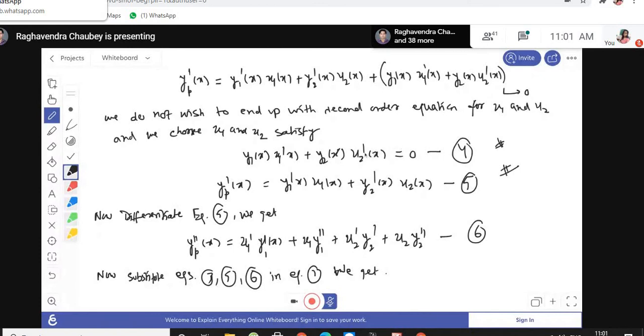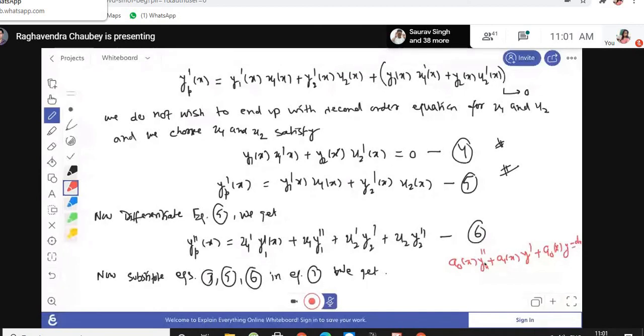It is a0 y'' plus a1 y' plus a2 y. If we write it out, your first equation is basically a0(x) y'' plus a1(x) y' plus a2(x) y, and that equals d(x). Okay, so this is your main equation.